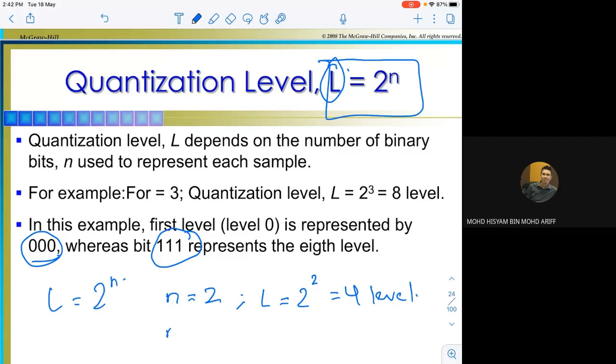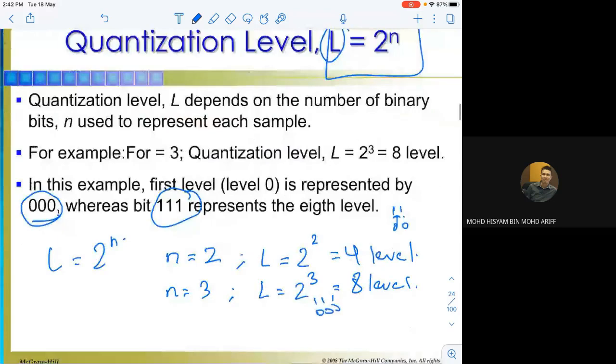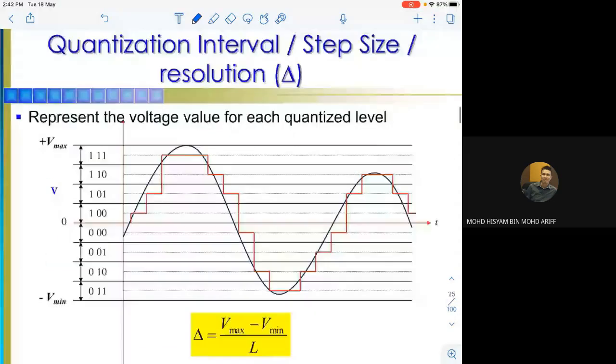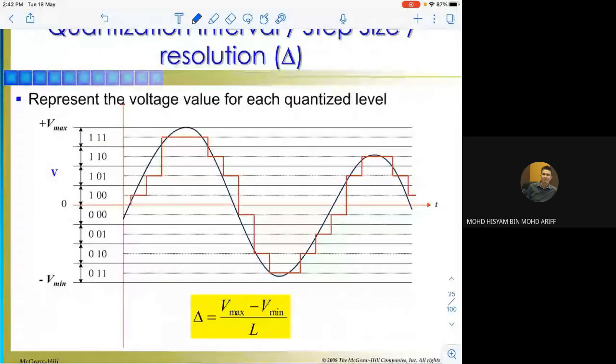L equals 2 power of 3 equals 8 levels. 8 levels, for example here, 0, 0, 0 to 1, 1, 1. For 4 levels, it means 0, 0 to 1, 1. This is digital; I think you forgot, but I can give you a refresher after this. Now we go to the next formula.